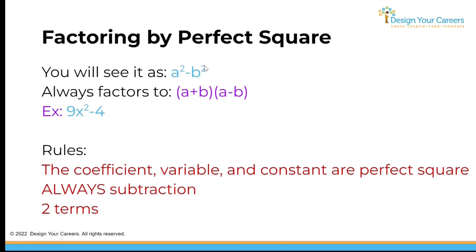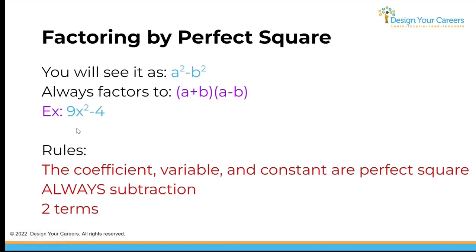It's kind of a formula version, a template of these rules. They're saying a squared, which means it's a perfect square, and b squared is a perfect square, and it's always subtraction, and it's two terms, which leads me to the final rule, that it must be two terms.